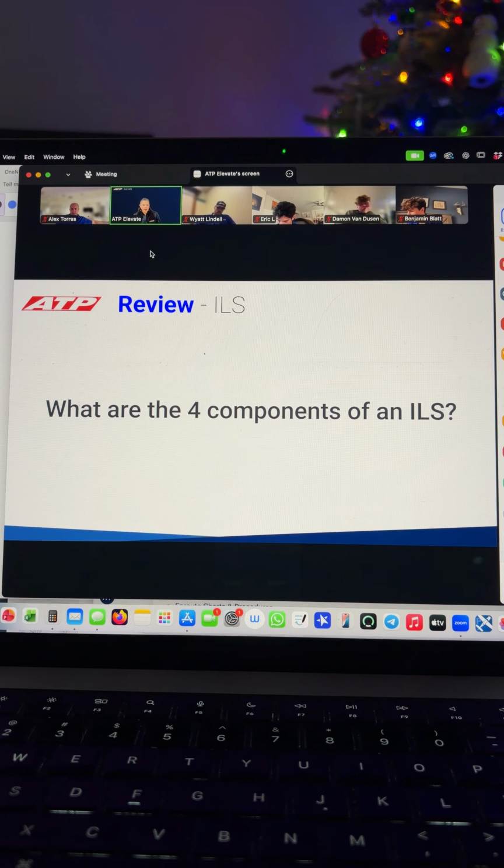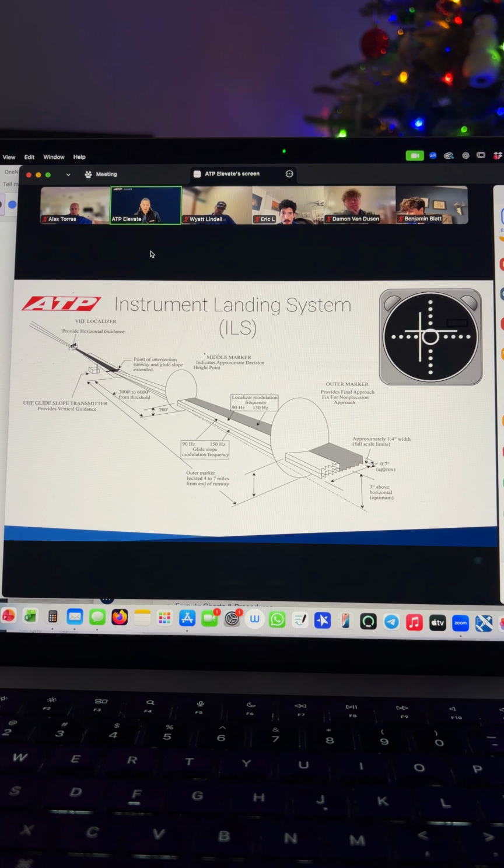And so instrument landing system is our precision approach landing system that we have. It's actually our only precision approach that our aircraft is capable of doing. With GPS, we're able to do precision like with an LPV. So our instrument landing system, we do have marker beacons. You'll have your outer marker, your middle marker, and your inner marker.